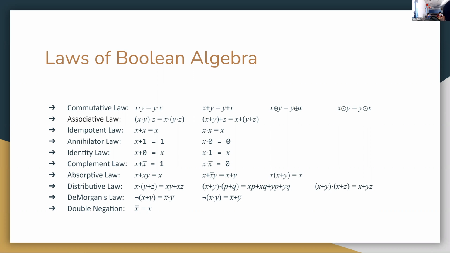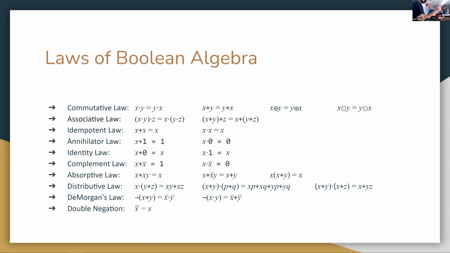Annihilation law means that if you have x or true, if anything or true, then the result is always true. You can't have any other result because you have a true constant here. Then that means this whole expression is always true. Does that make sense? Any question about that?